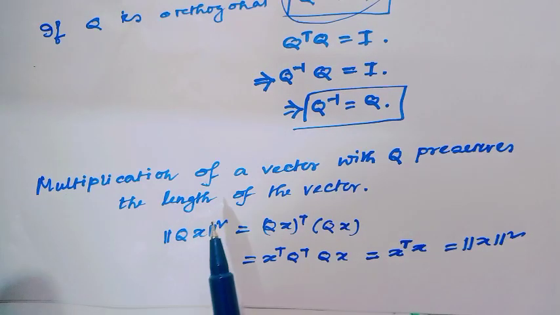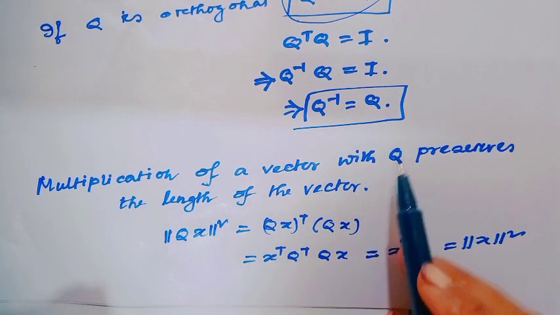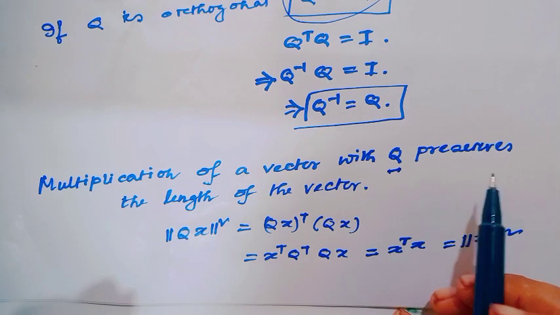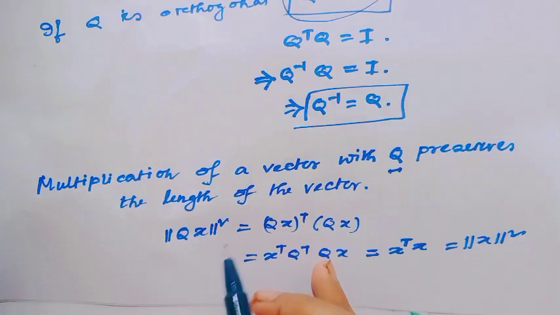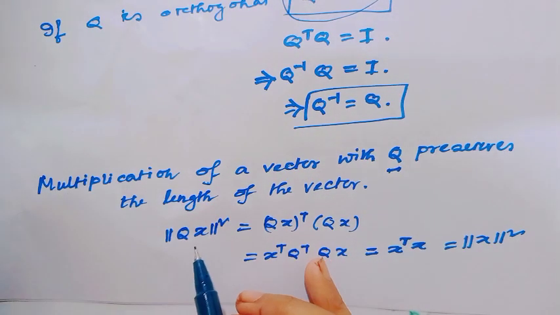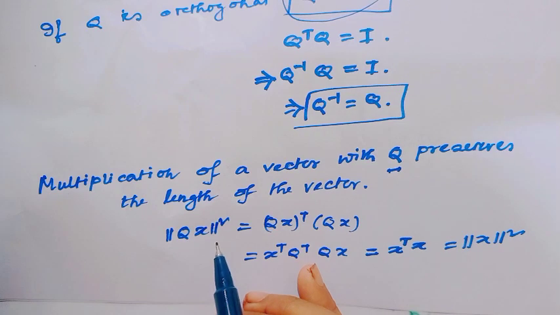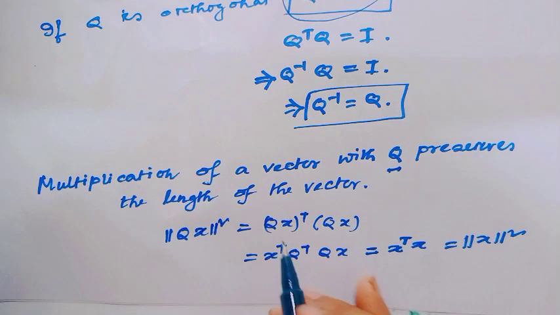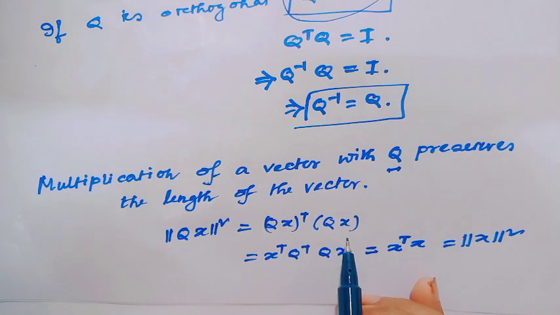Third property: multiplication of a vector with the matrix Q always preserves the length of the vector. That means multiply any vector x with the matrix Q, where Q is the orthogonal matrix. Then norm of Qx squared would be the length. And all of us know norm of Qx squared means (Qx) transpose Qx.